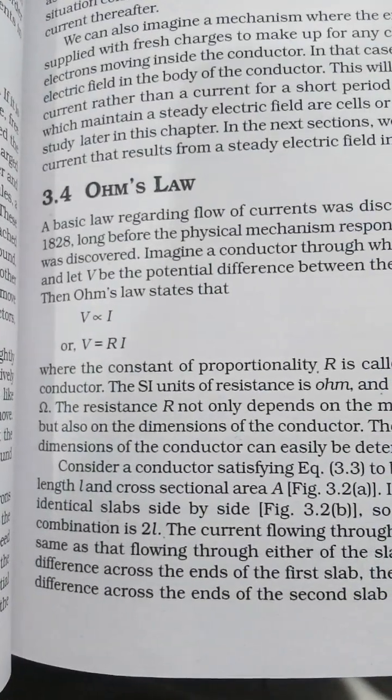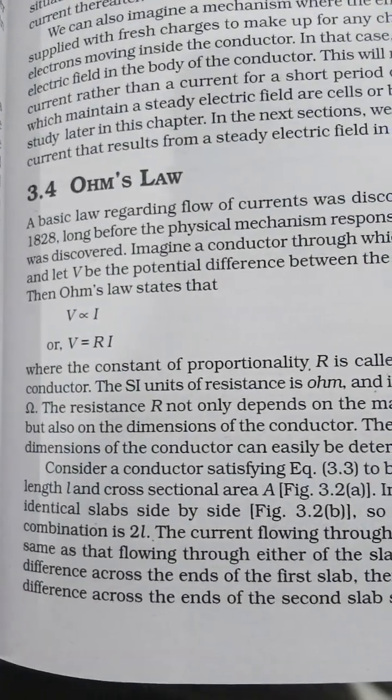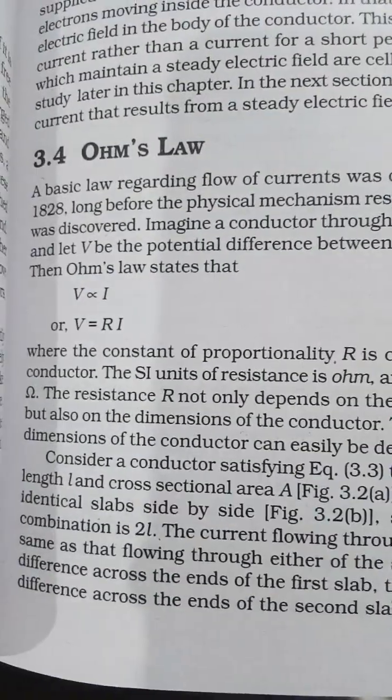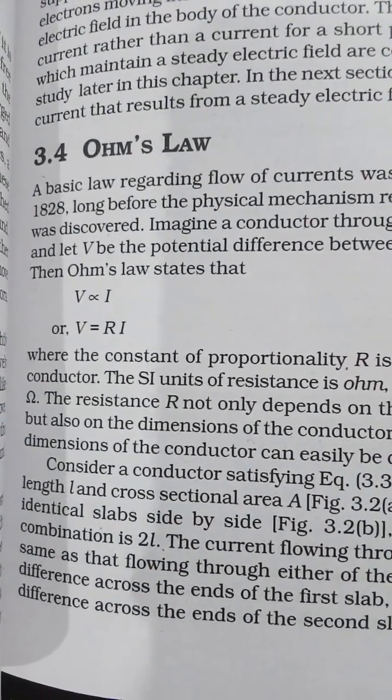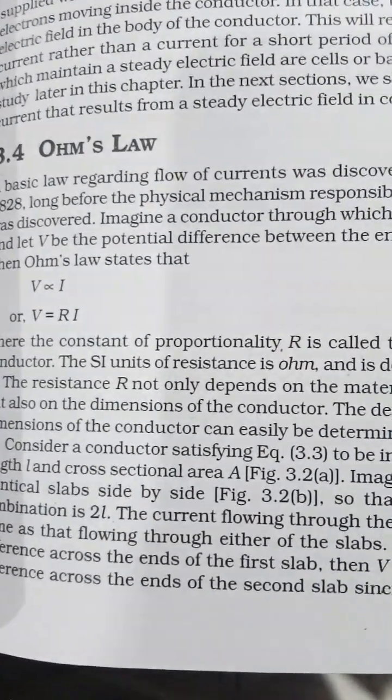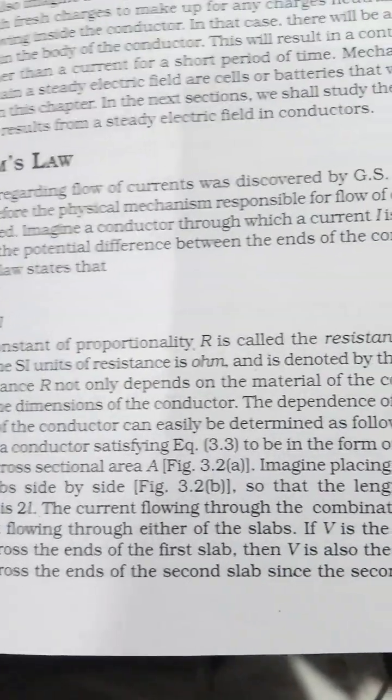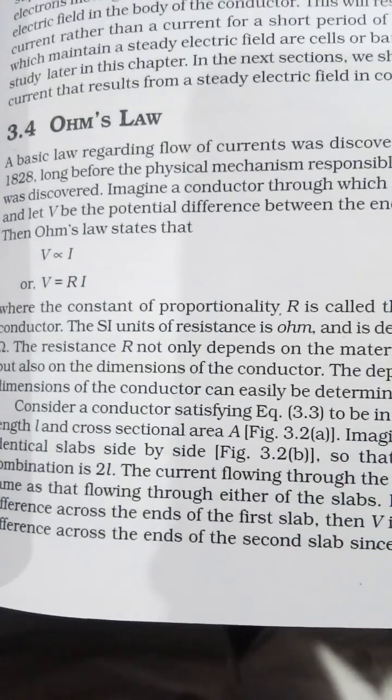Then Ohm's law states that V is proportional to I, or V is equal to RI, where the constant of proportionality R is called the resistance of the conductor.